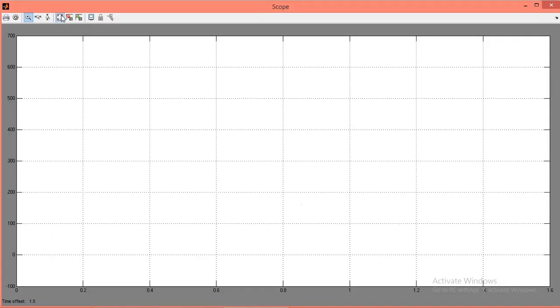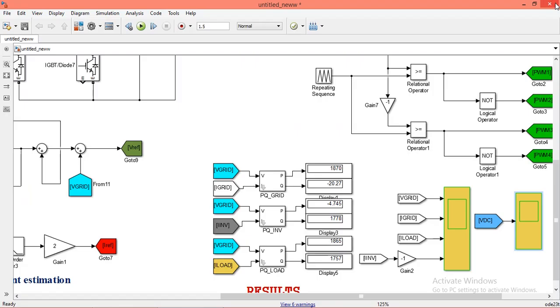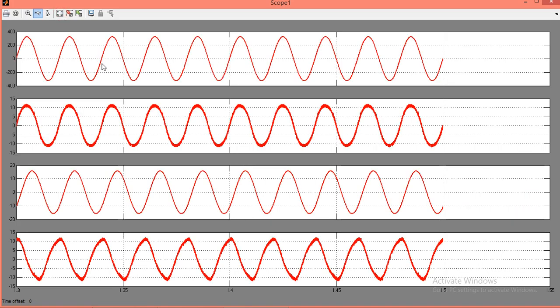Our reference value was 400. See, we are getting exactly 400 at the DC terminal. I show the grid voltage. So this is the V grid. And we can see that I grid is nearly in phase with V grid. They are aligned in phase with the grid. These are the inverter current and load currents.